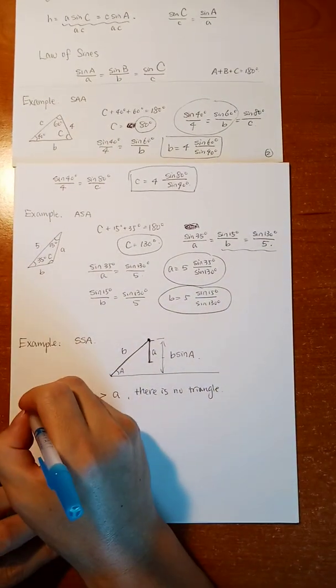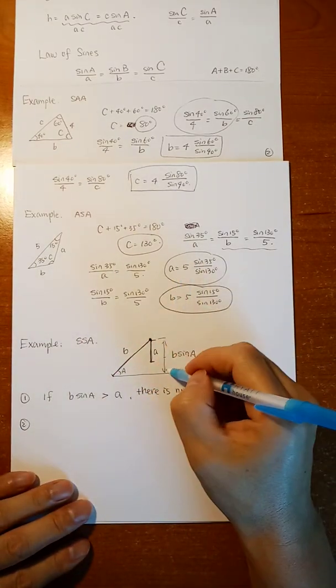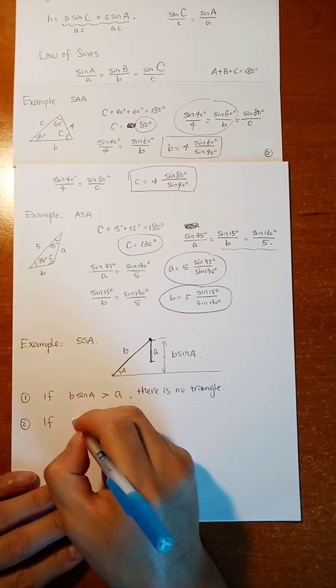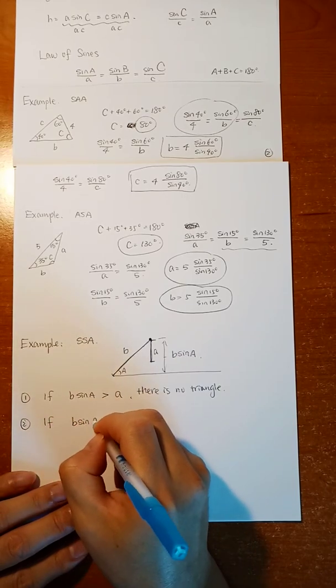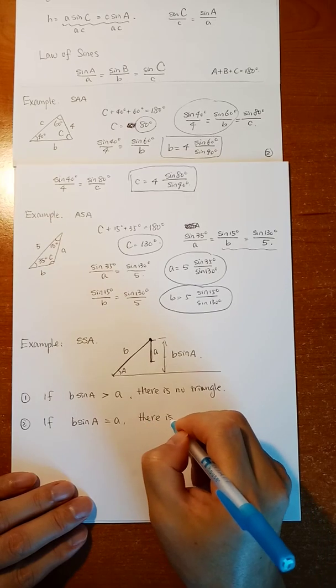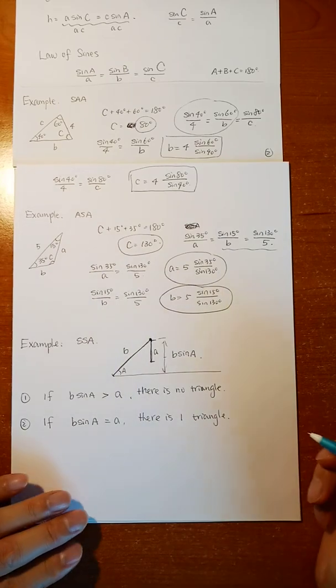Okay? And second case, if your side A happens to be the height, then there is exactly one triangle. There is only one triangle.